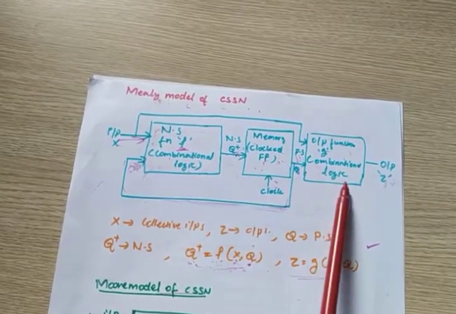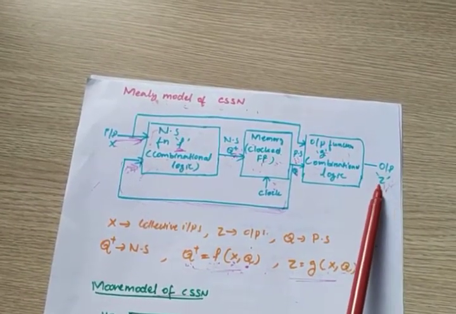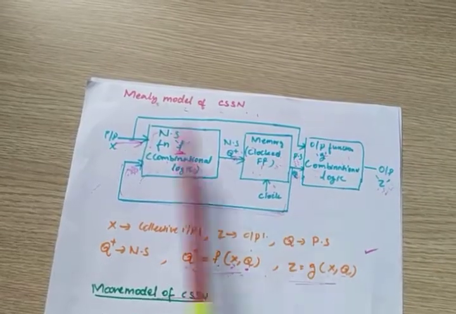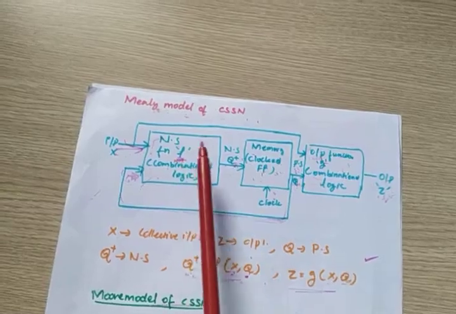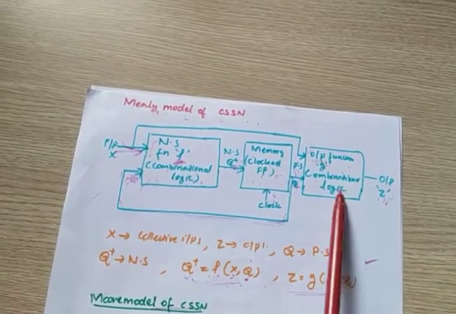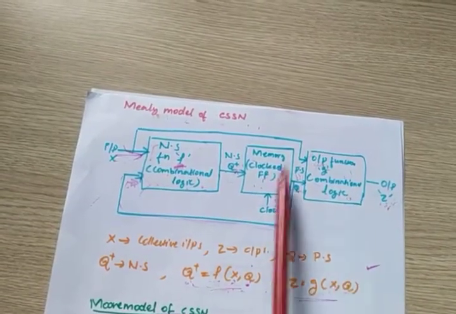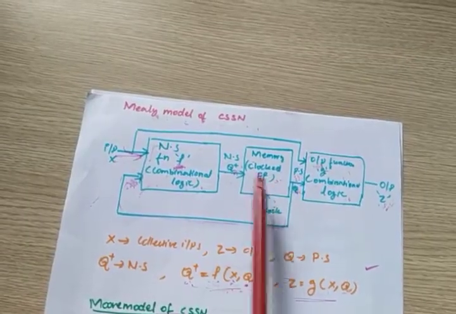The output depends on the present state and this input. So first is a combinational logic circuit, last is also a combinational logic, and in between we have a memory circuit. This is the Mealy model.